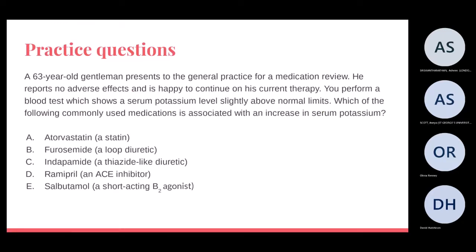What's going on here? Which of the following commonly used medications is associated with an increase in serum potassium? Honestly, the kidneys are all about potassium.